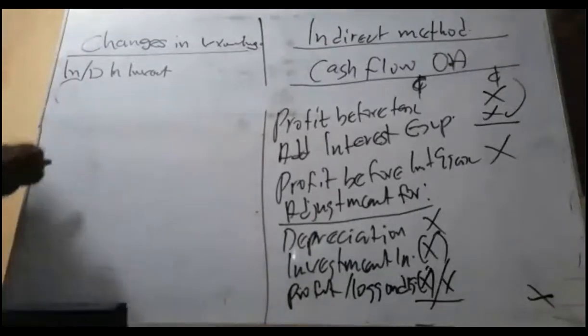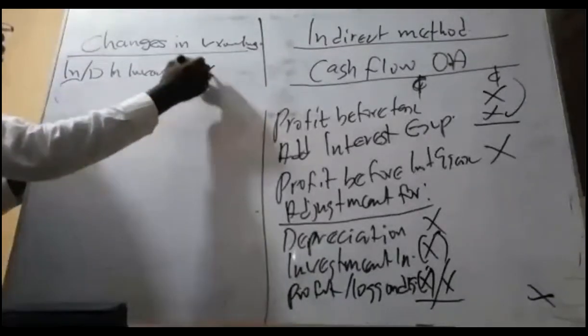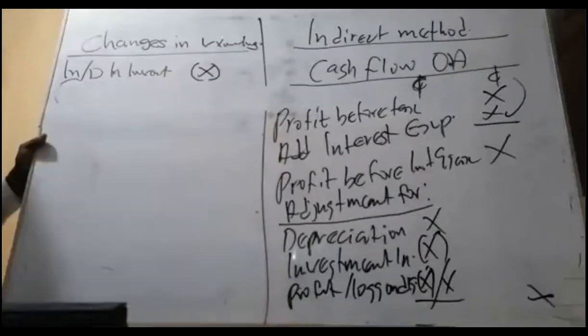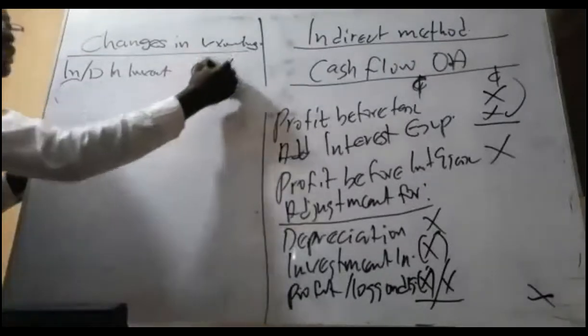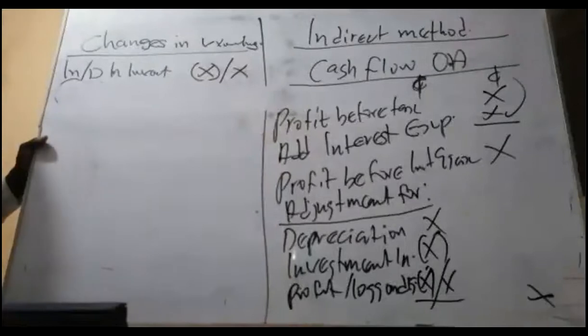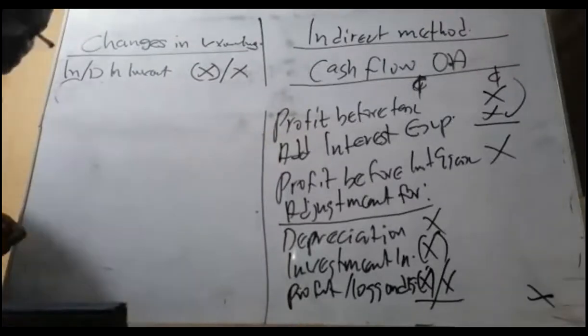If inventory increases, we say outflow, you subtract. If inventory decreases, it's inflow. So we are saying increase or decrease.